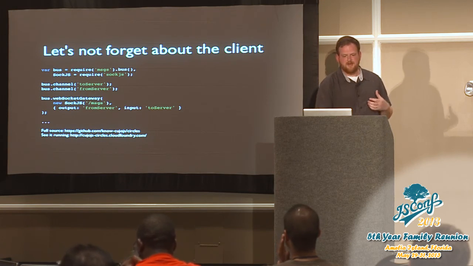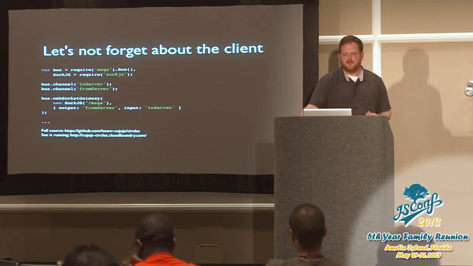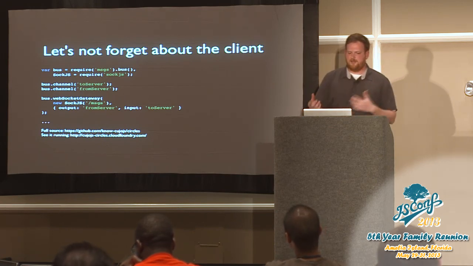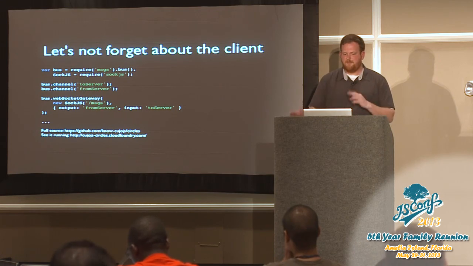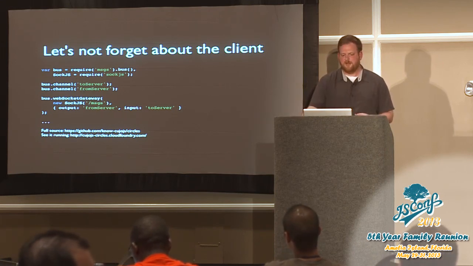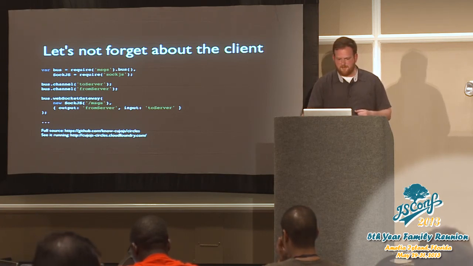So it expects to be given a WebSocket connection. I'm using sock.js so we can get HTTP fallbacks and other things, in addition to just raw native WebSockets. And again, the input and output channels are set up so messages come to and from the server, and we can interact with them.